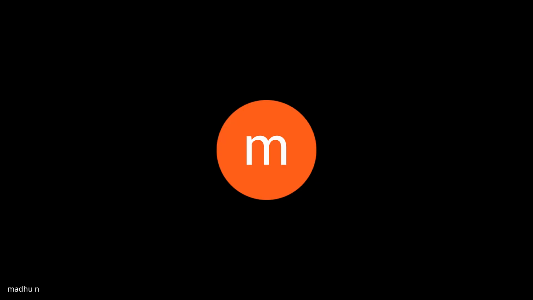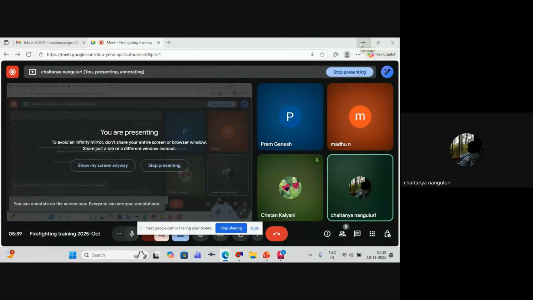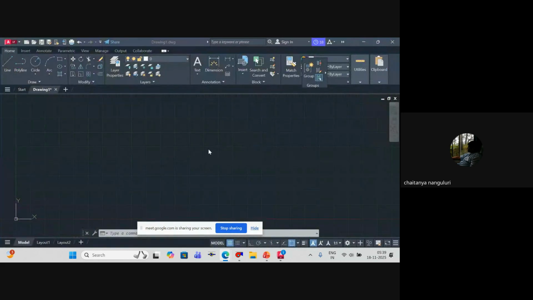Yeah, you able to see the screen? Not yet. Not yet. Not at Oh, sure. sorry. The screen sharing option is gone. Yeah. Hope now you're able to see the screen.